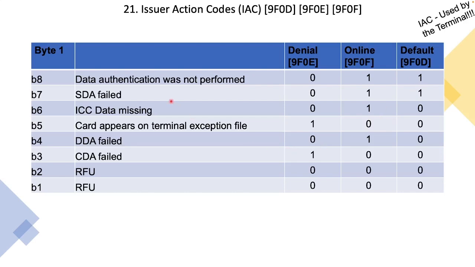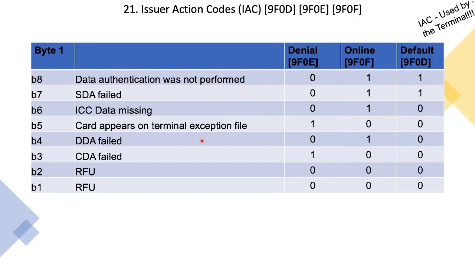The other things issuer action codes rule on are things like DDA failed. The first one talks about CAM or ODA not being performed. Bit 7, bit 4, bit 3 are the three different CAM types. These bits cover the possibility that it was performed but failed, and what behavior you would like to take.